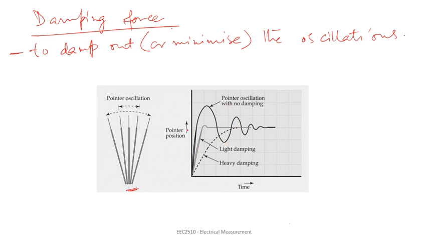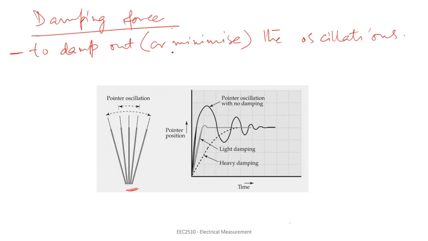Let's suppose that this is the pointer position, so it will oscillate. I have drawn this graph in the last lecture also, I think, and I explained how the oscillation is taking place about the mean position. So the damping force is required to minimize the oscillation.